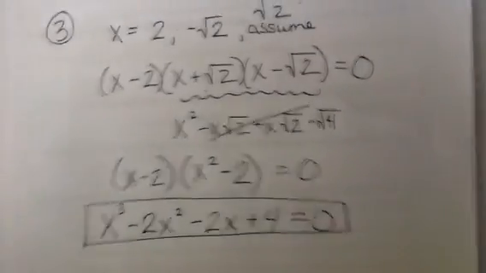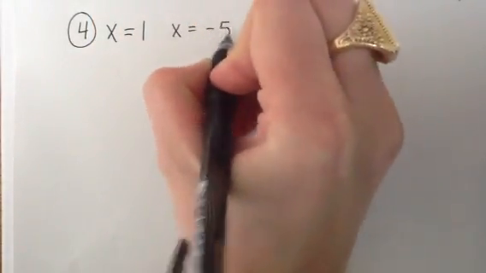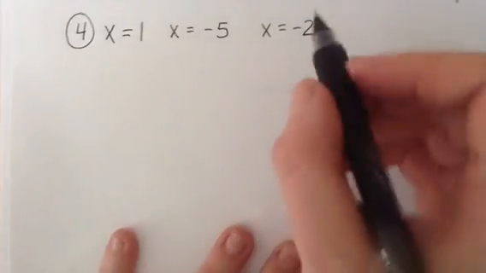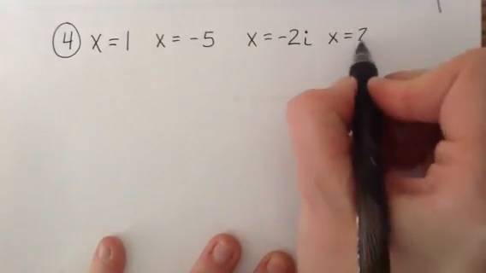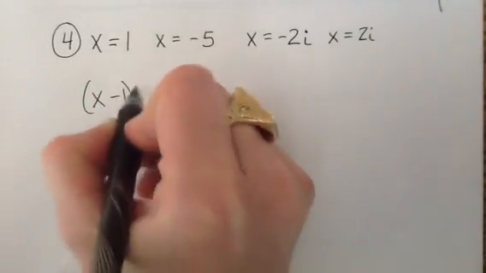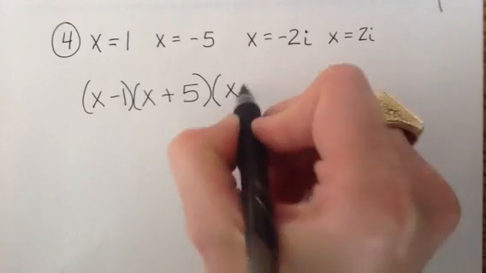Okay, we have one more, number 4. I gave you that negative 2i works, so we're going to make the assumption that a positive 2i does as well. I have 4 factors here, so that means my answer is going to be an x to the 4th.